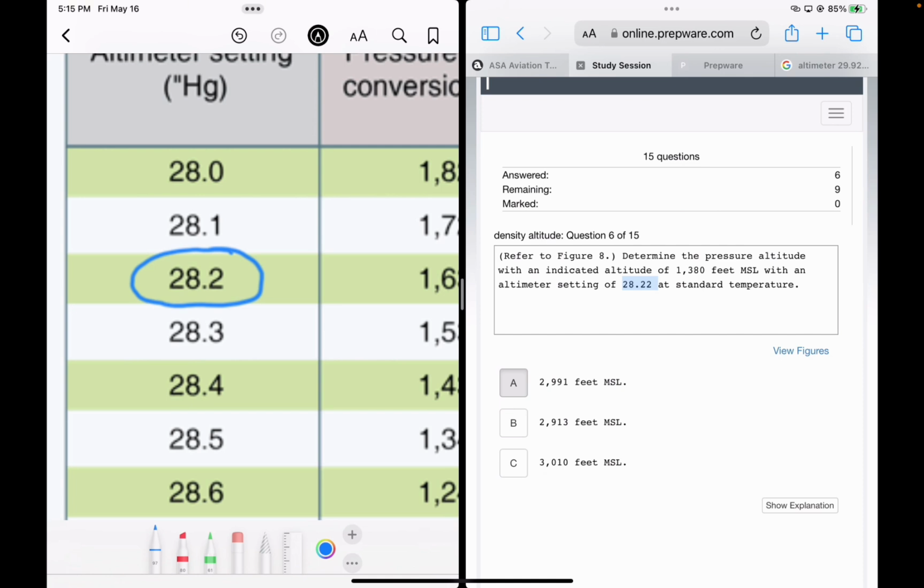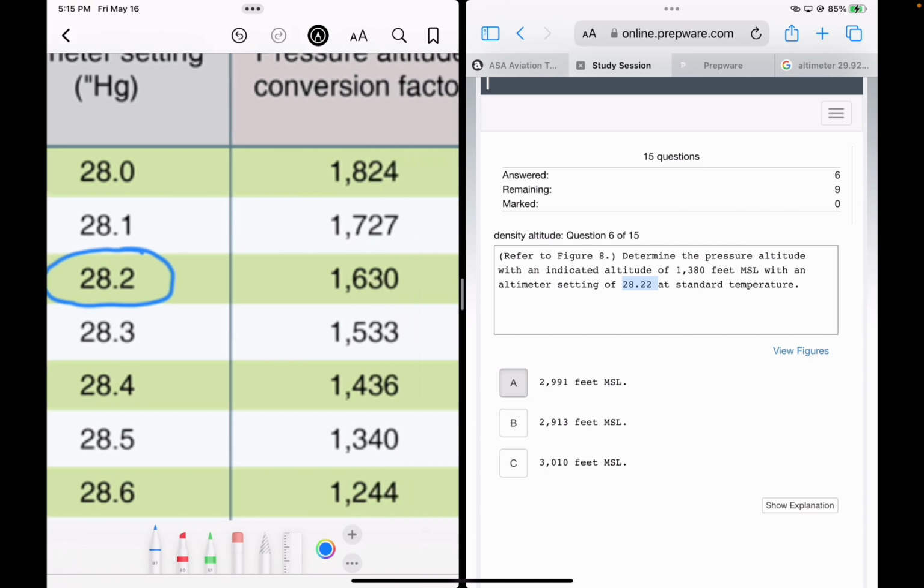So what do we do? We know the answer is somewhere in between these two numbers. Instead, we will do this thing called interpolation. What does that mean? It means we are going to do some math.